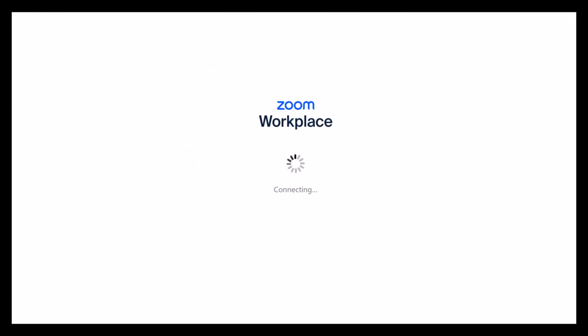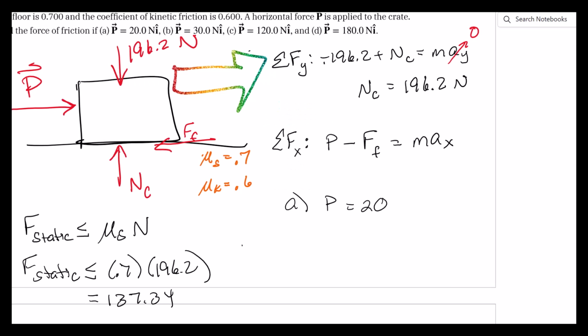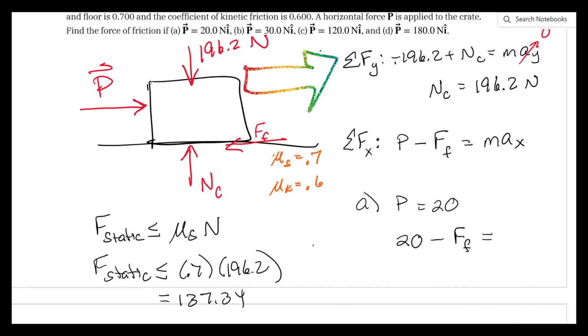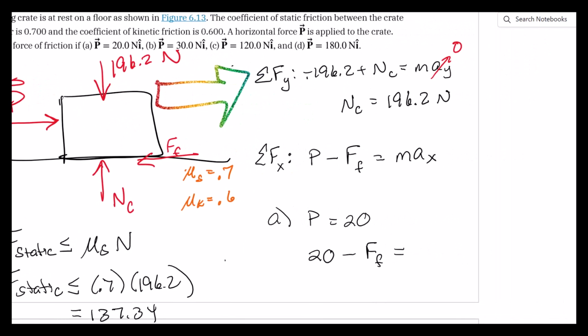Okay, so if I'm going 20 minus the force of friction is mass times acceleration in the x. Now, I can't just turn my brain off and solve this problem. I can't just put 137 right here because that's the maximum value it can be.